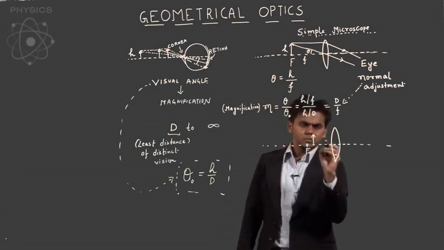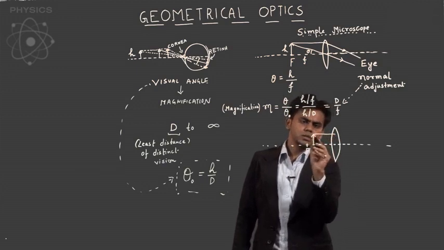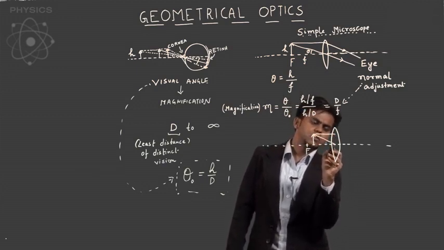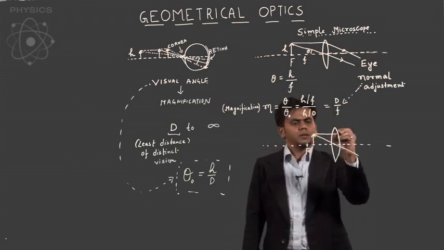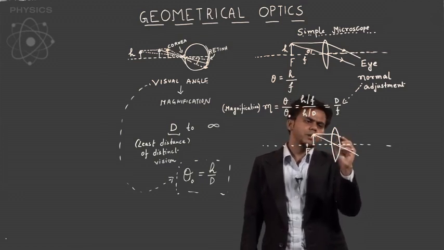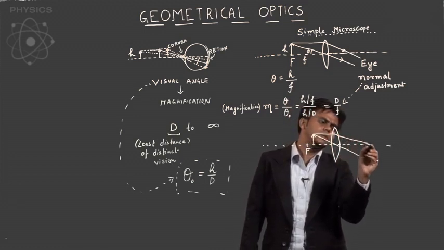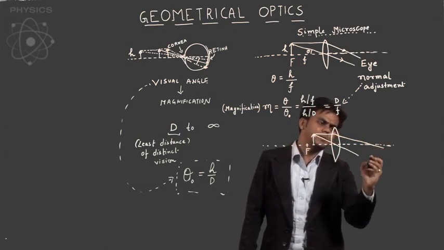Now, this ray goes like this. This goes like this unrefracted. And this ray over here, as this is not on the focal plane, this won't become parallel. Does it go like this? I hope this is clear.